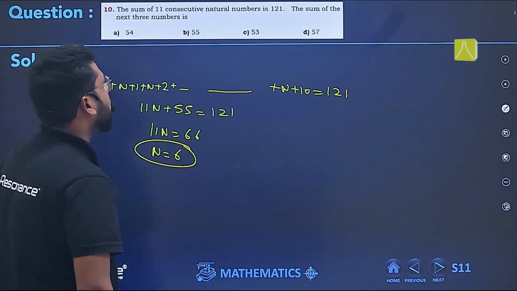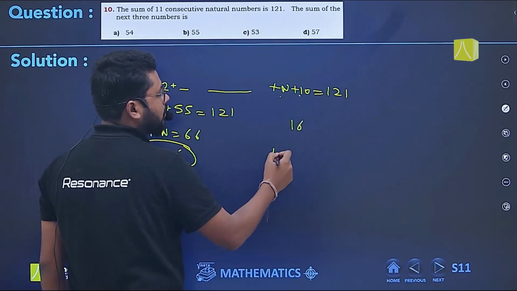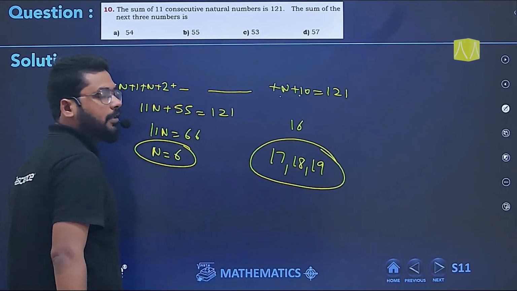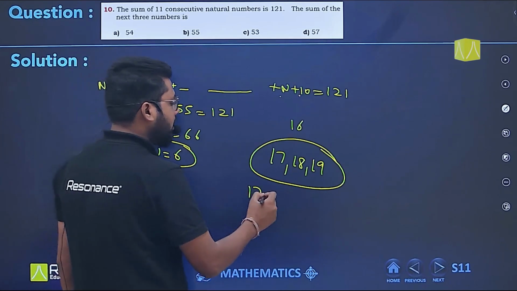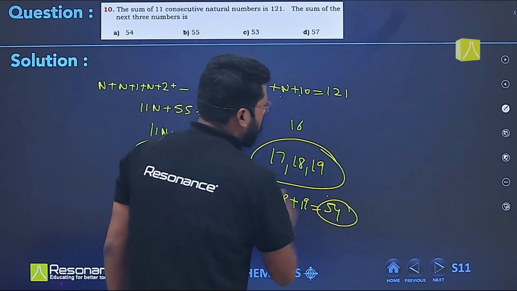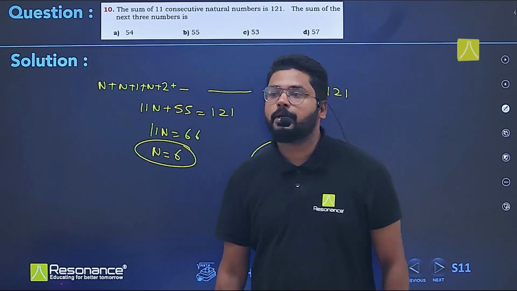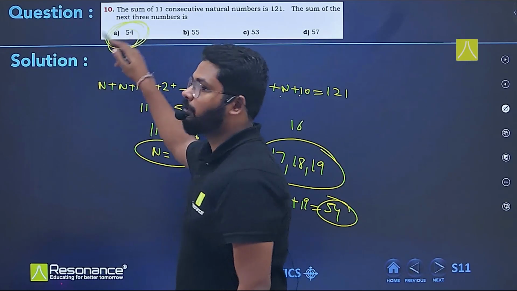We have to find the sum of the next 3. The last is 6 plus 10, 16, so the next 3 numbers are 17, 18 and 19. If you add them, 17 plus 18 plus 19, you will get 54. So for question number 10, your answer will be 54.